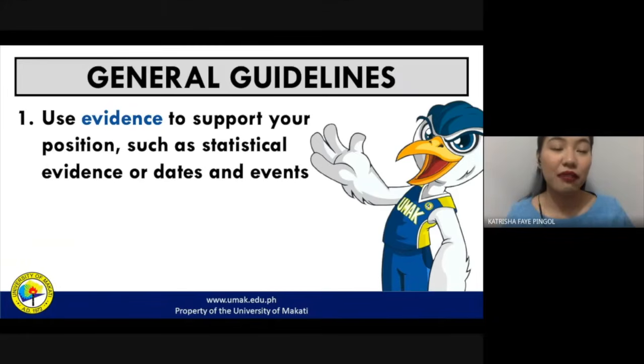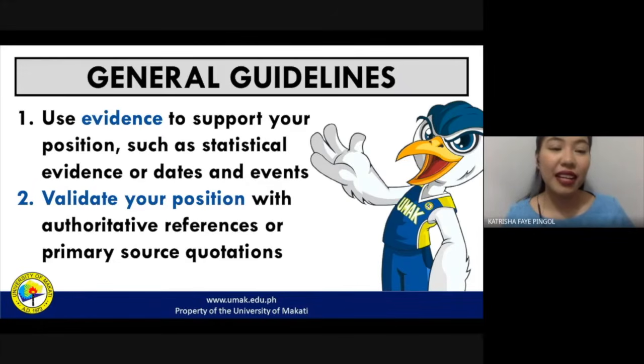The first one, of course, is using evidence that would support your position. Now, it's best that the evidence you include in your position paper include information such as statistical evidence or even relevant dates and events.